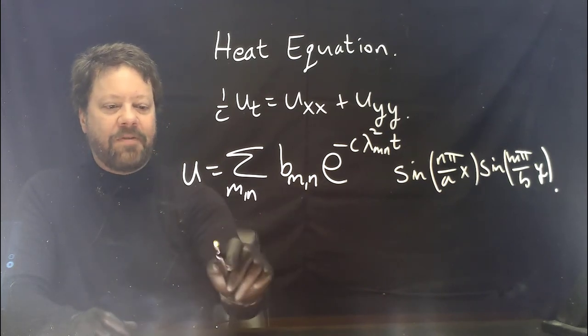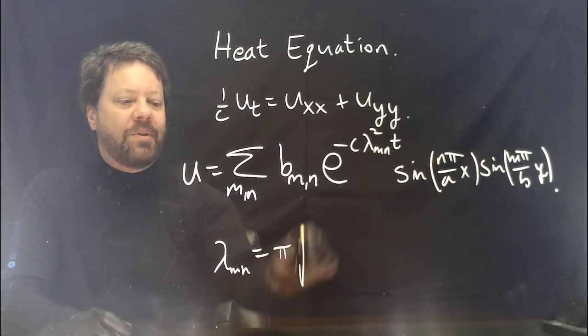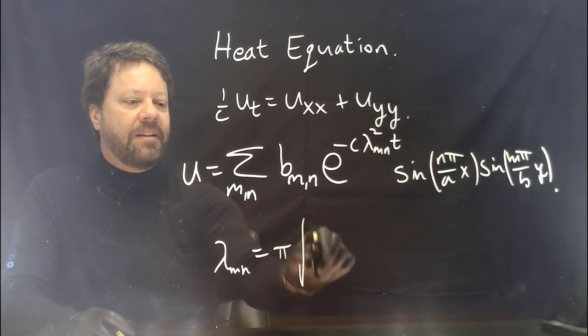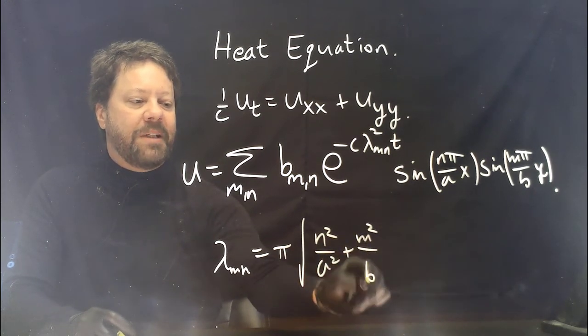Here, just as before, lambda mn is going to be pi times the square root of n squared over a squared plus m squared over b squared.